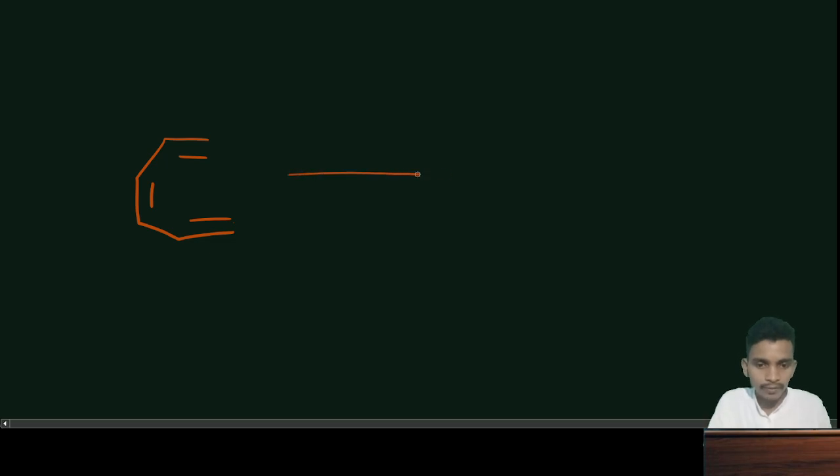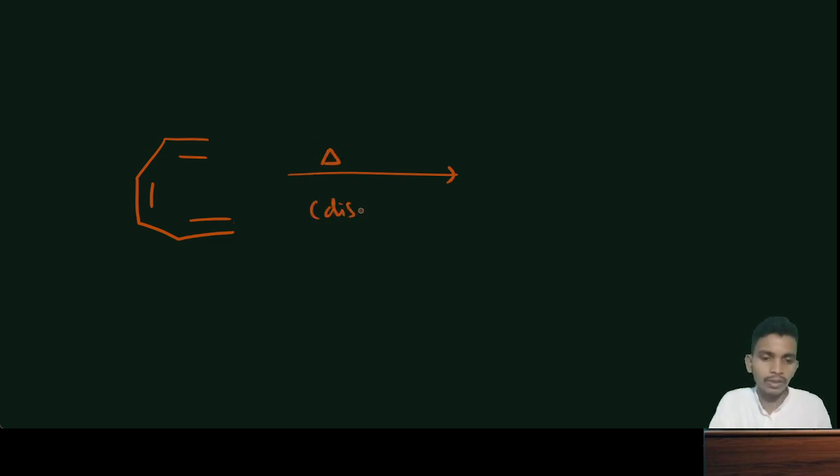is that if the substrate is this, then if we do heating, then on disrotatory, bond formation occurs. A new sigma bond forms.